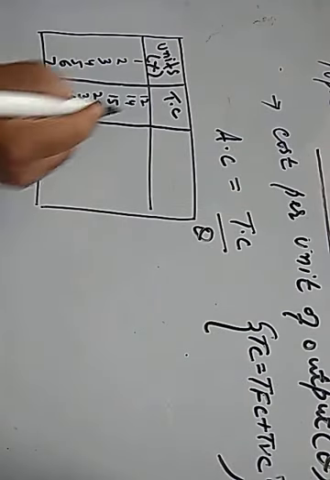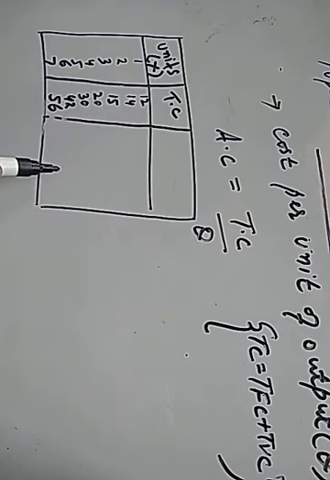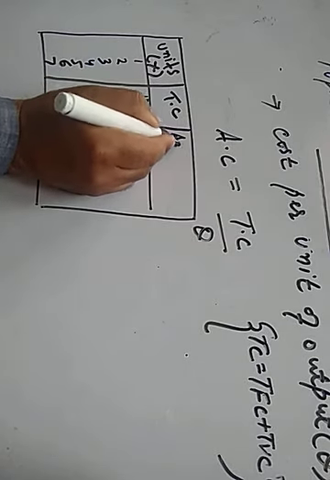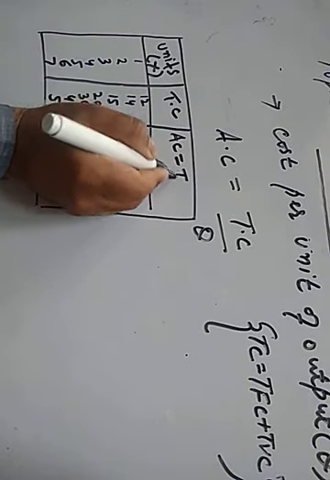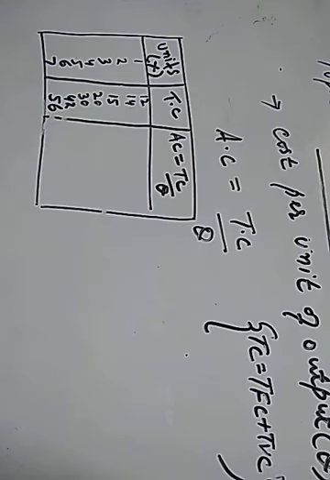And from this total cost we will get the value of average cost, that is cost per unit of output. Average cost is equal to total cost divided by level of output Q.